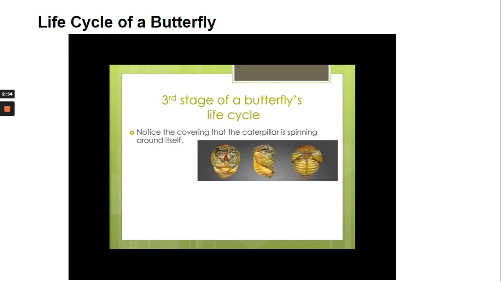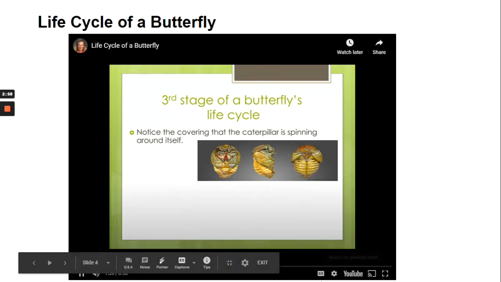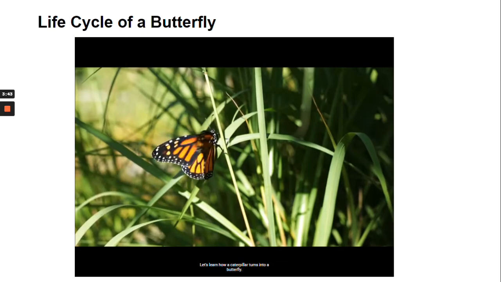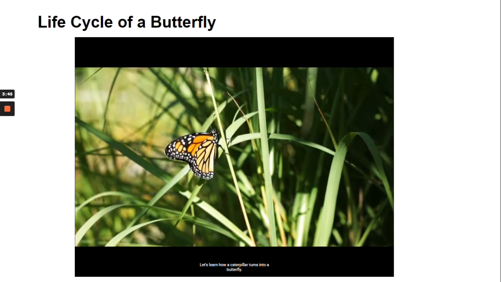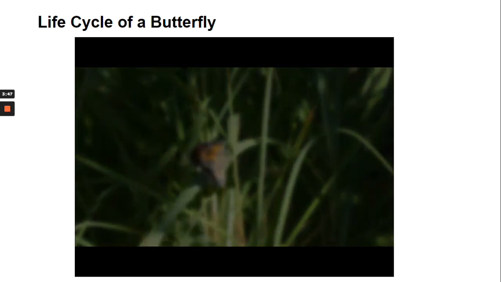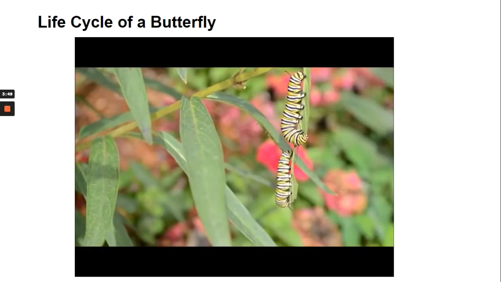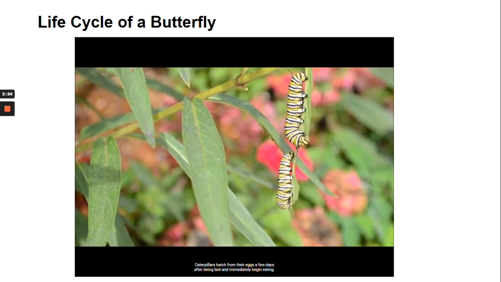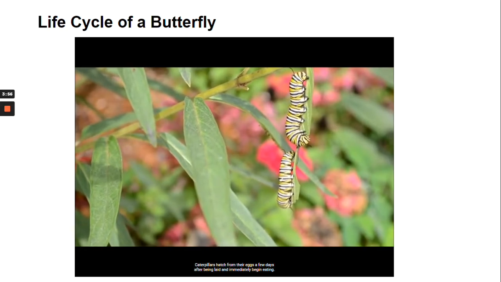Notice the covering that the caterpillar is spinning around itself. Let's learn how a caterpillar turns into a butterfly. Caterpillars hatch from their eggs a few days after being laid and immediately begin eating.